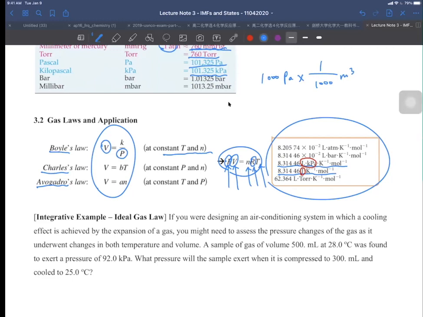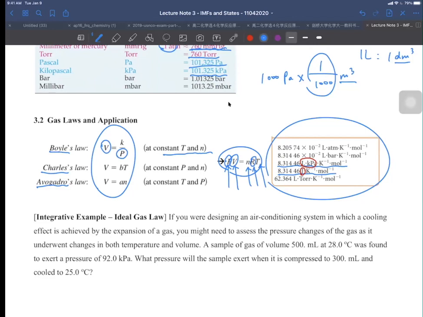Does this make sense to you? 1 liter is 1 cubic decimeter, and 1 decimeter is 1/10 of 1 meter. This is why it's 1 over 1,000 cubic meter. Basically, we can say 1 cubic meter is 1,000 liters. You are good?